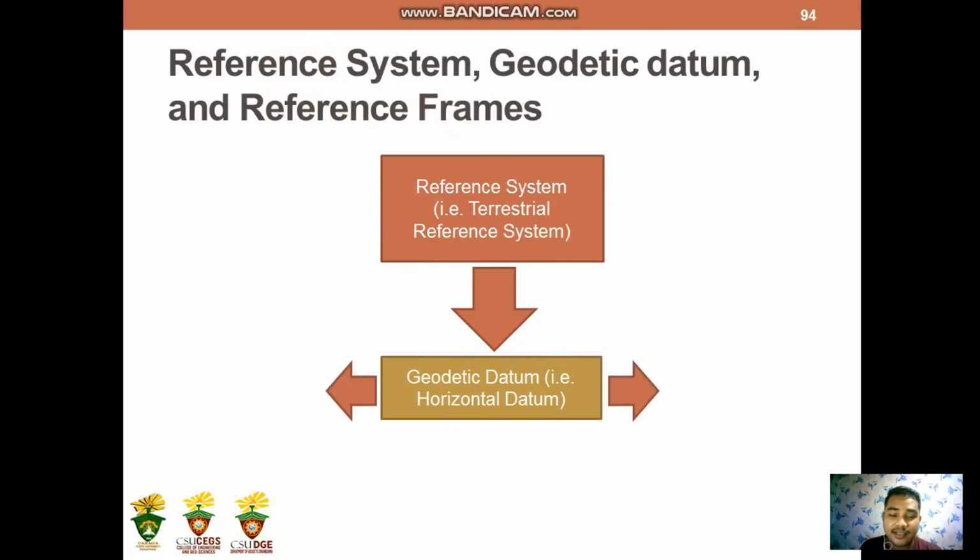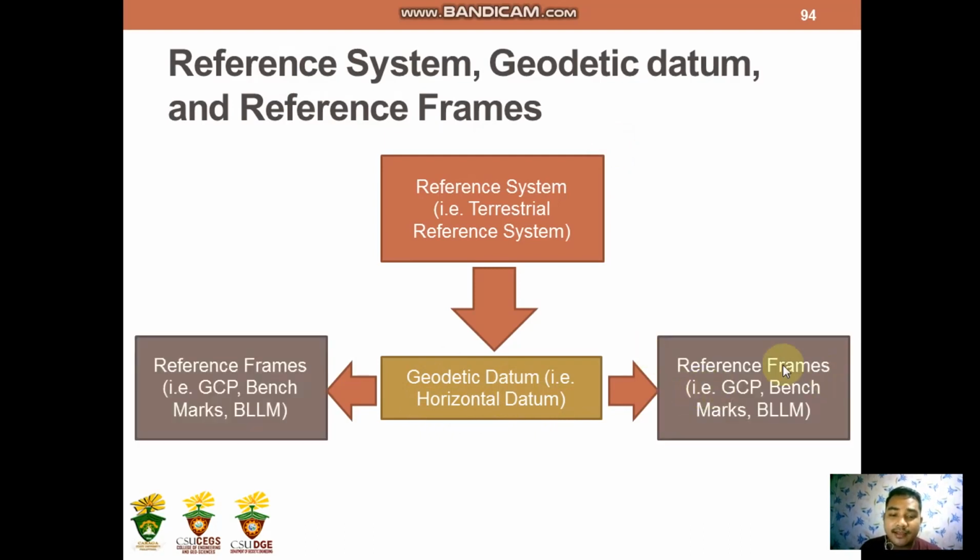From that geodetic datum, for example the horizontal datum, we have a reference for our origin, and from the datum, we will now have the reference frame, the realization of the reference system. Out of the geodetic datum, we can create a reference frame like GCPs, benchmarks, and BLLMs.